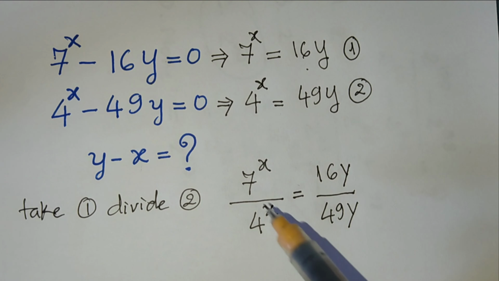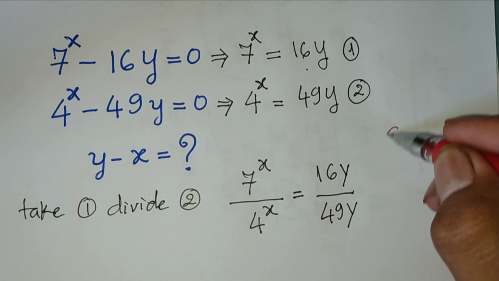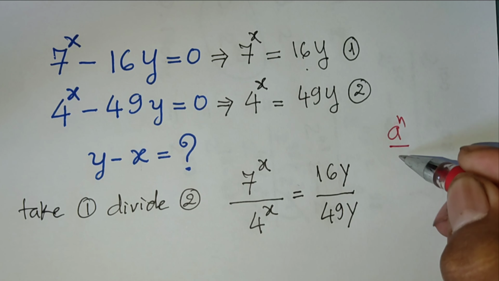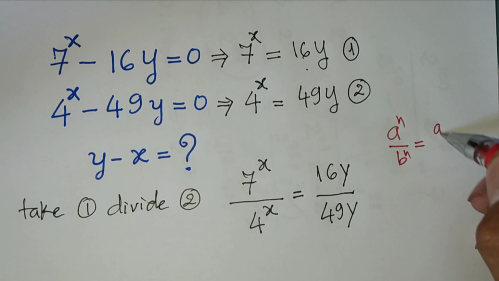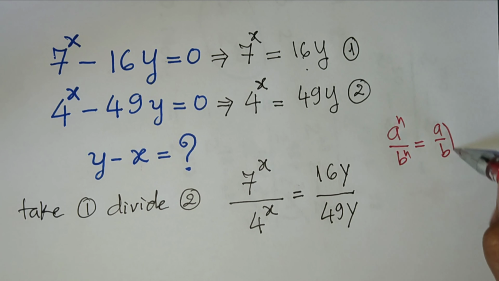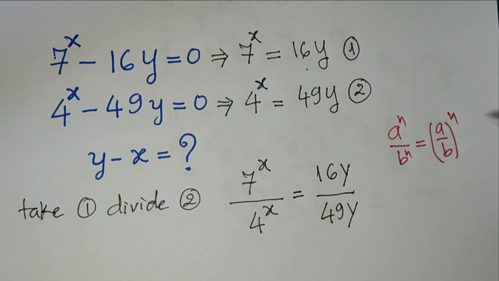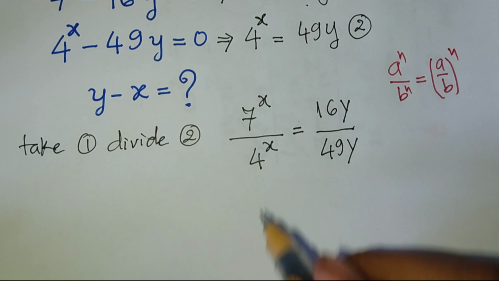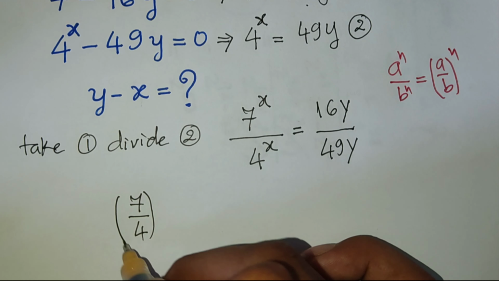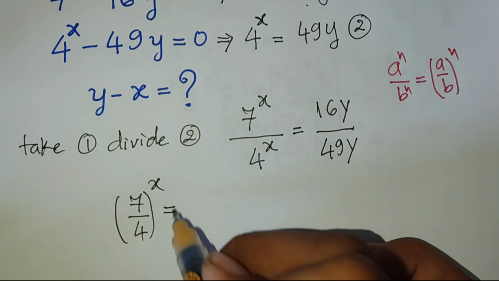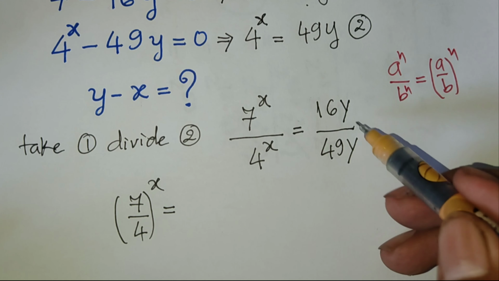And now we use the formula: a^n divided by b^n equals a divided by b, the whole to the power n. So we get 7 divided by 4, the whole to the power x, equals y over y.